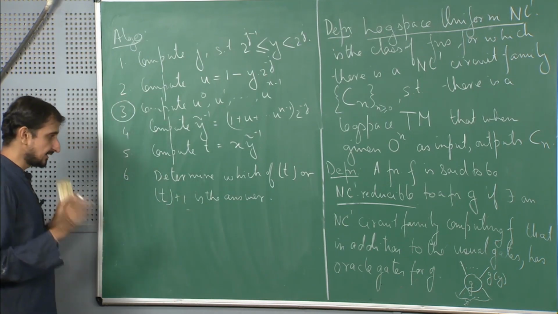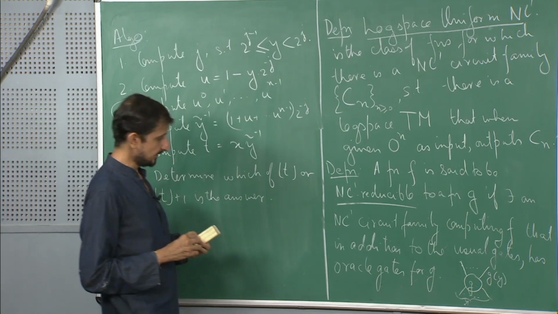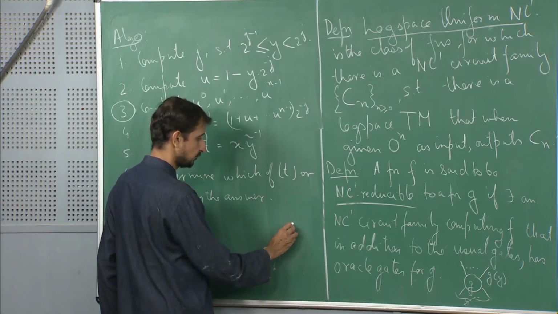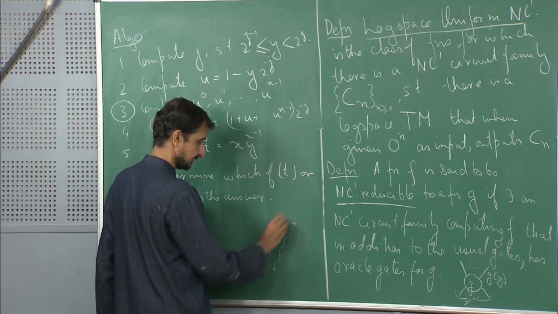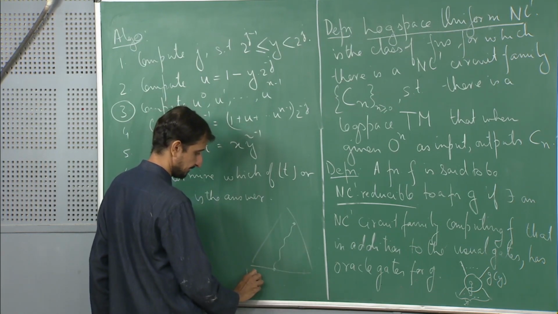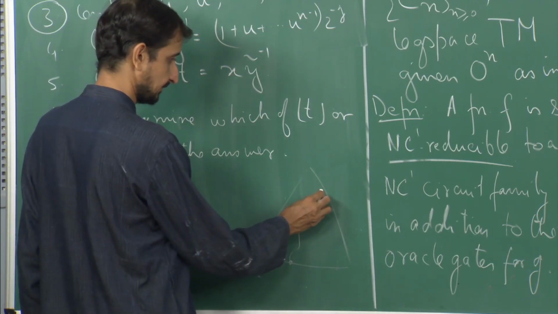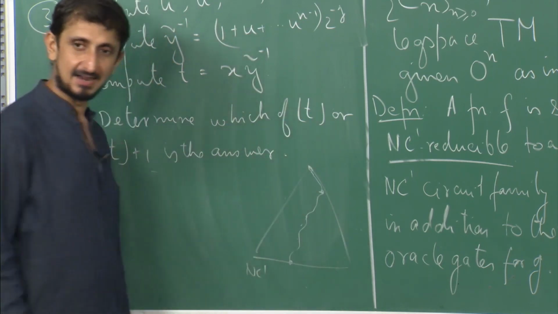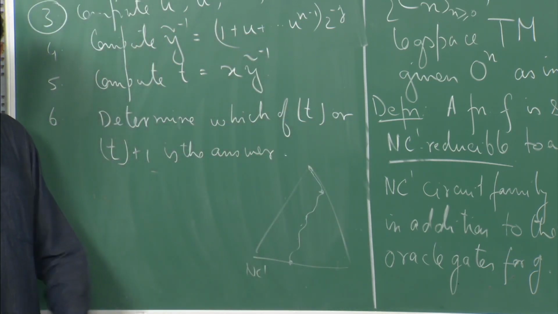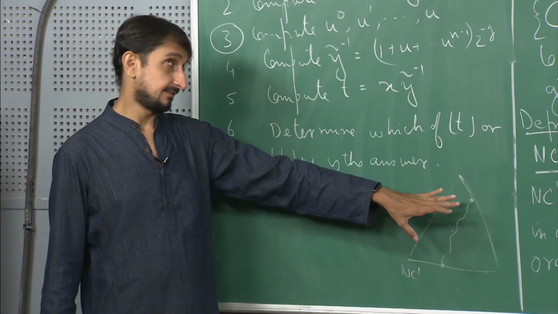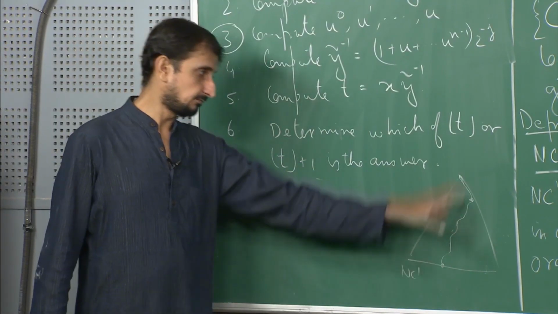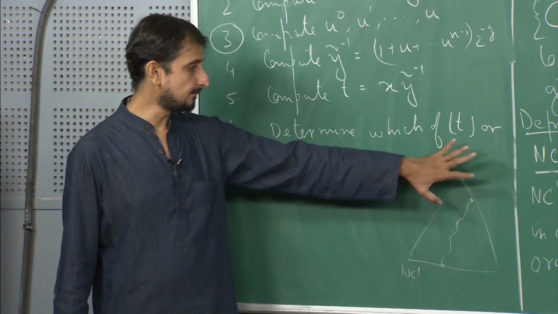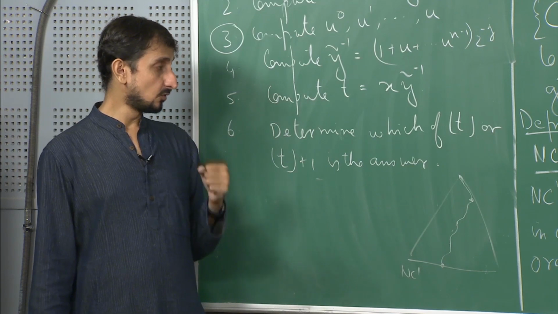So let us say what you are saying is, suppose there is a path from an input gate to an output gate in an NC1 circuit, and here let us say I have several oracle gates along this path. Now the point is that the total length of this path is of course bounded by log n, because we can assume there are log n many oracle gates.